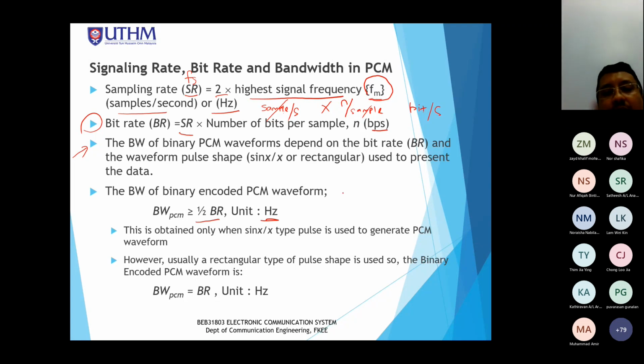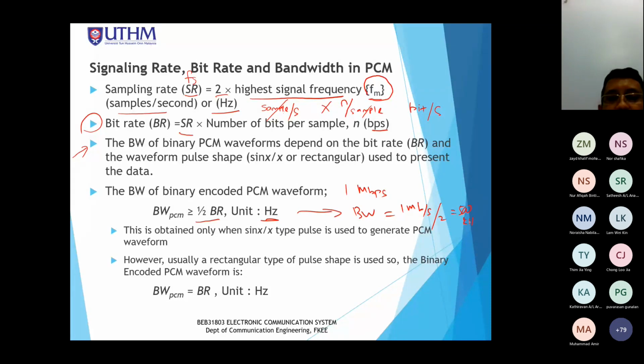For example, if the bit rate is 1 megabit per second, the minimum bandwidth is 500 kilohertz in this example.